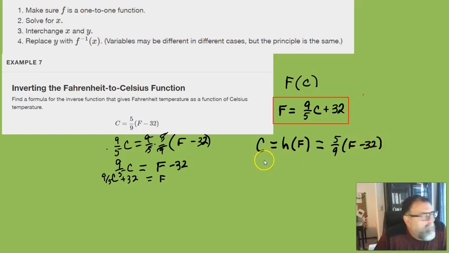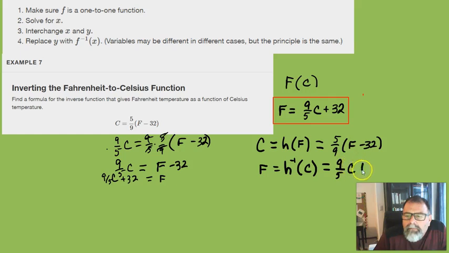Then the inverse function, and remember you're going to switch the C and F, so if we plug in Celsius to get Fahrenheit, it would be 9/5 C plus 32. So h and its inverse are inverses of each other, just to tie it in with the terminology up here.